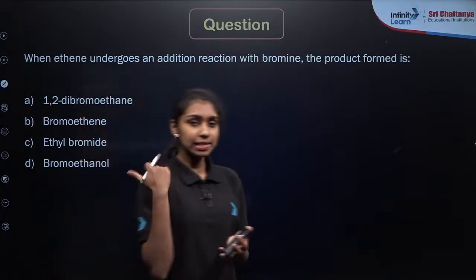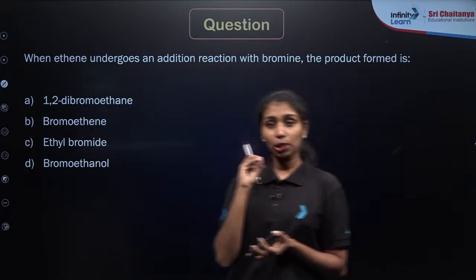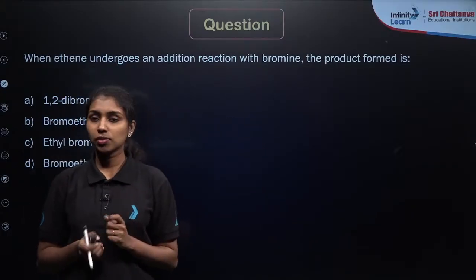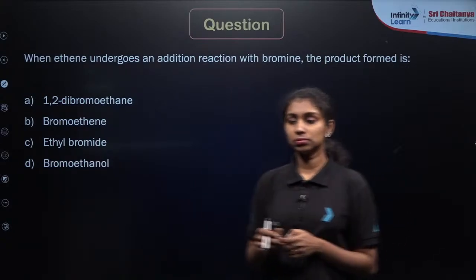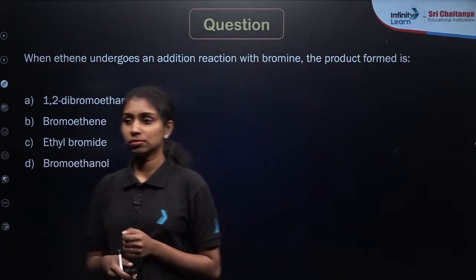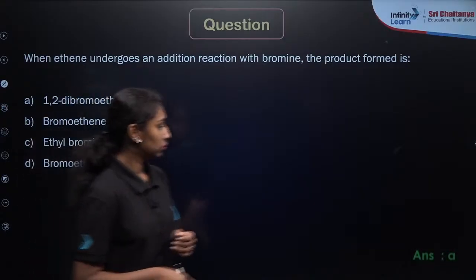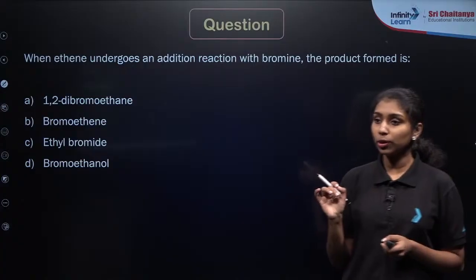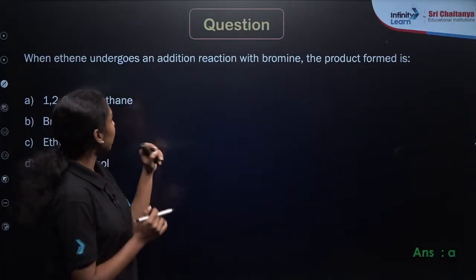Whenever you get this type of question, try to write down the chemical equation for the reaction. Then you will get an idea about the name of the compound. So what will be the answer? Option A will be the correct answer, which means 1,2-dibromoethane, right?